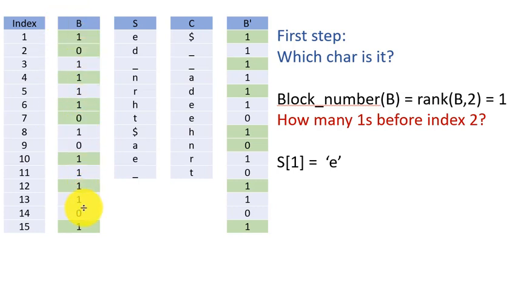Because we have the second index here, how many ones are there before the second index? Which is only 1. So we know that this should be the first block. So we already know that this represents how many blocks in B. So the first block should be E. So we know that the character we try to decode is E.